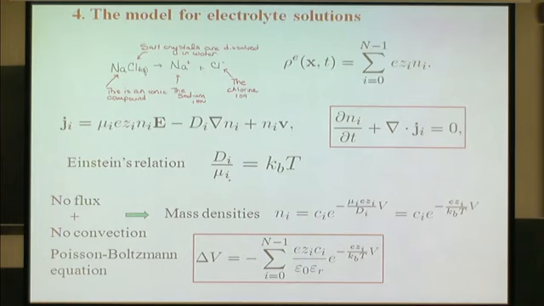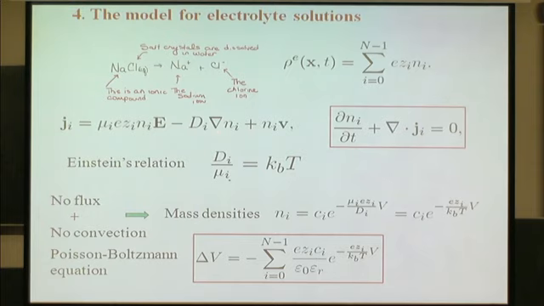So what we did is to make an approximation which is reasonable. When you go to the numbers of the real physics, you find that typically convection is a much smaller effect than diffusion and drift by electric field. So if you kill convection, you kill this term, what you find is that the electric field, which is the gradient of V with minus sign, minus the diffusion, gradient of density, is the total flux.